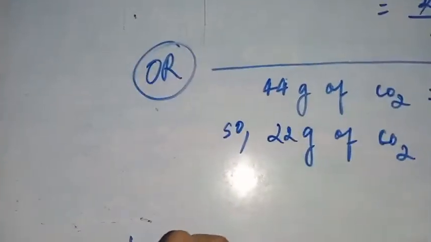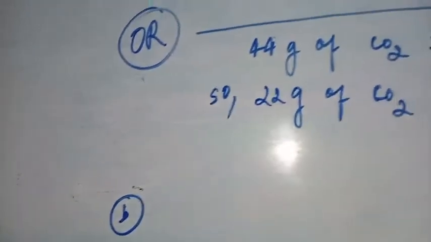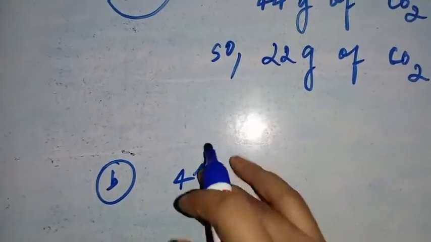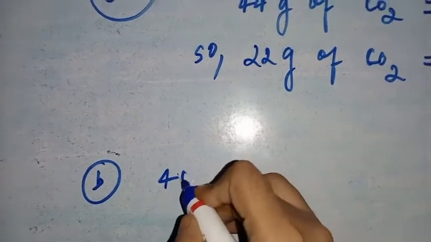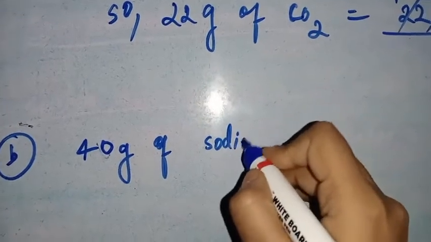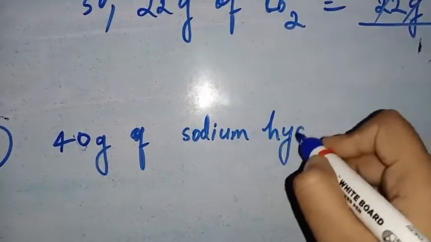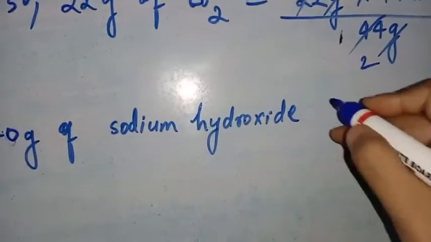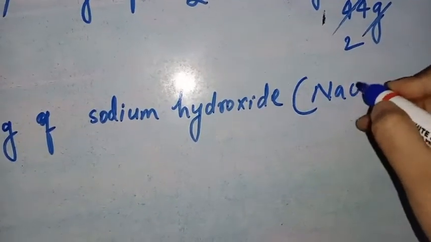Second, in this question, we have to calculate moles of 40 gram of sodium hydroxide. Sodium hydroxide means the chemical formula is NaOH.